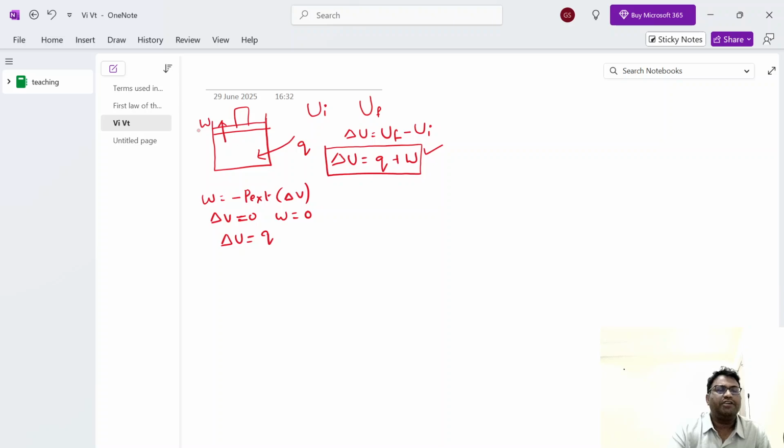If it is not doing any work, then the change in the internal energy is nothing but the amount of heat energy absorbed. Here Q is positive, right? If Q is positive, then delta U is also positive. So positive delta U means increase in internal energy. Negative delta U means decrease in internal energy.